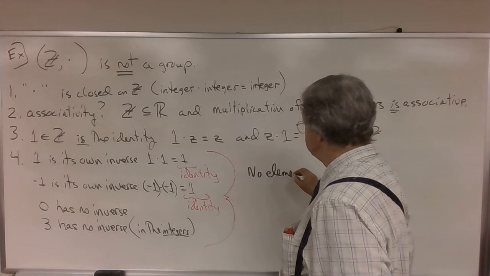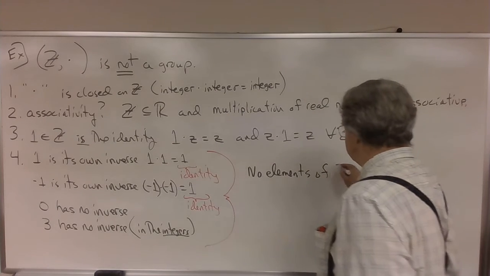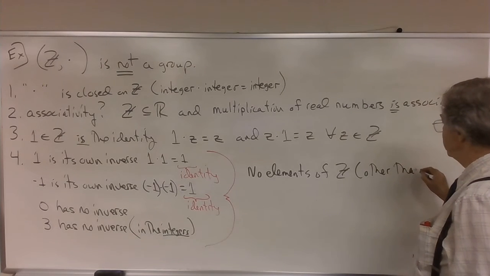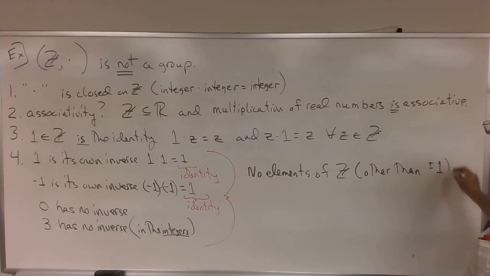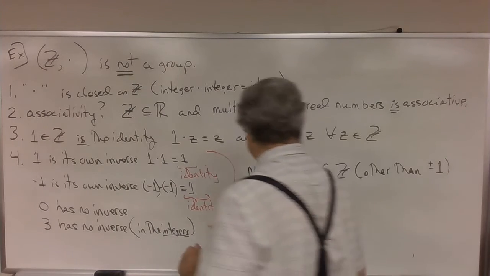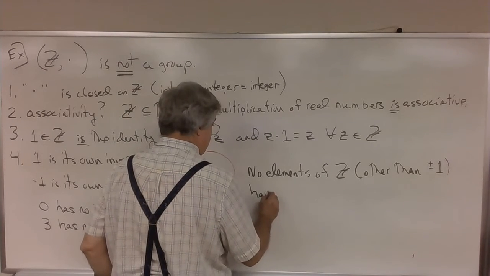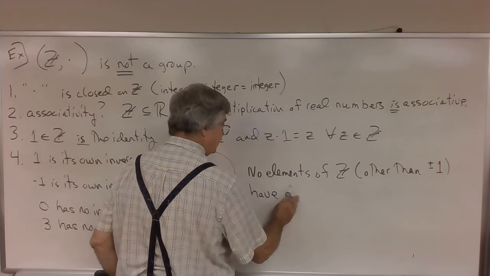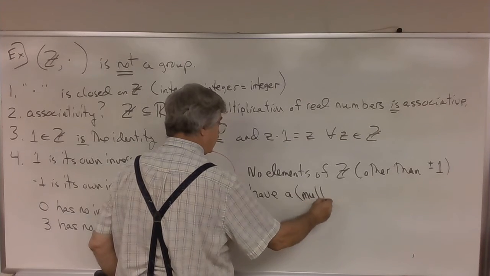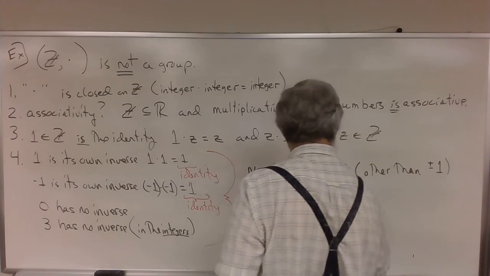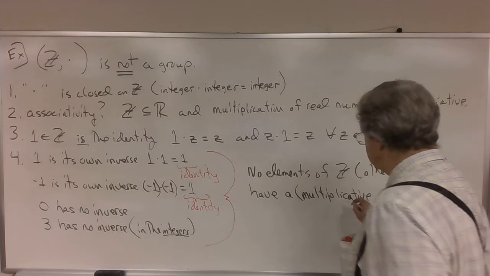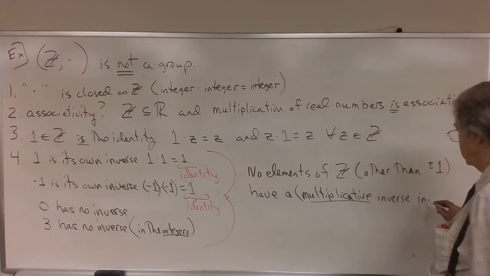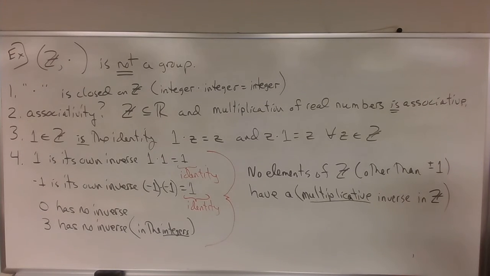No elements of the integers other than plus or minus 1 have a multiplicative inverse that's also an integer.